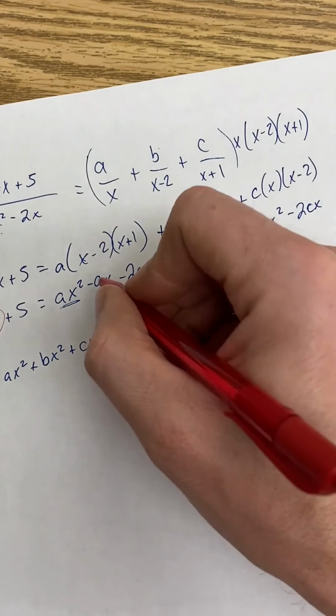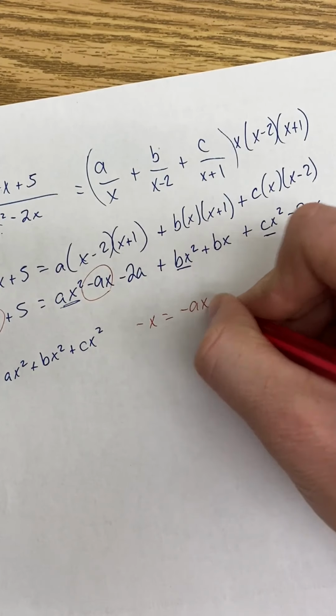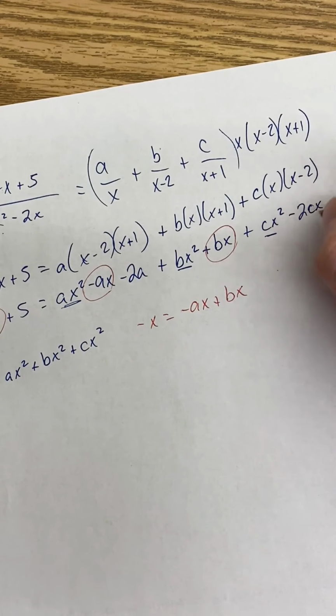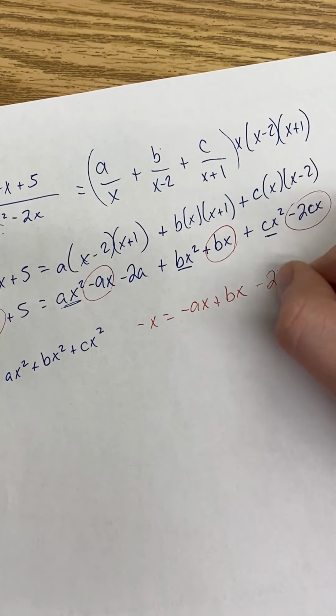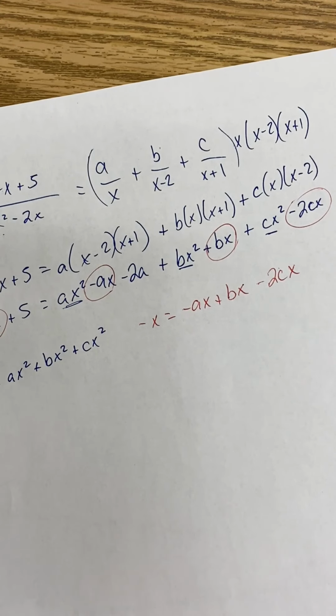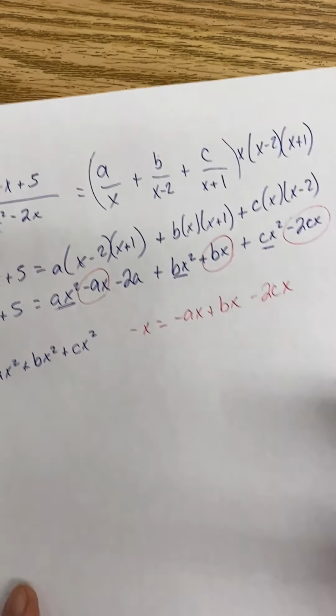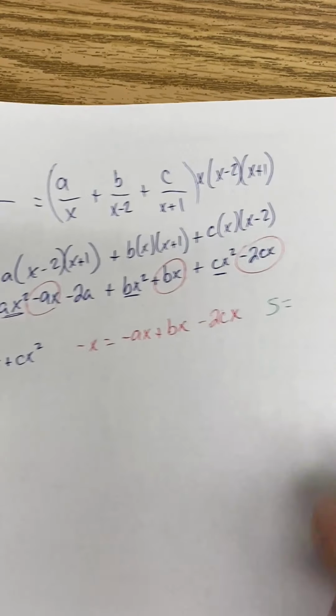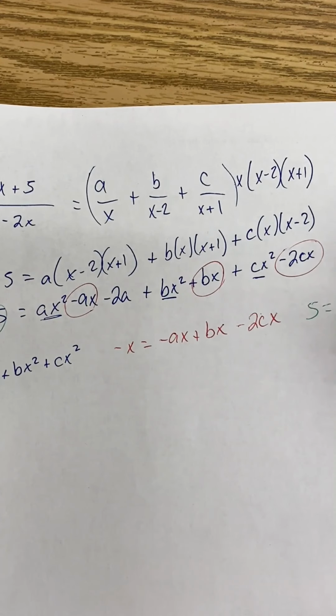That would equal negative ax plus bx plus minus 2cx. Okay. And then we also have a constant at the end. Let's see if I got enough colors here. We've got this constant 5. So 5 would equal negative 2a.